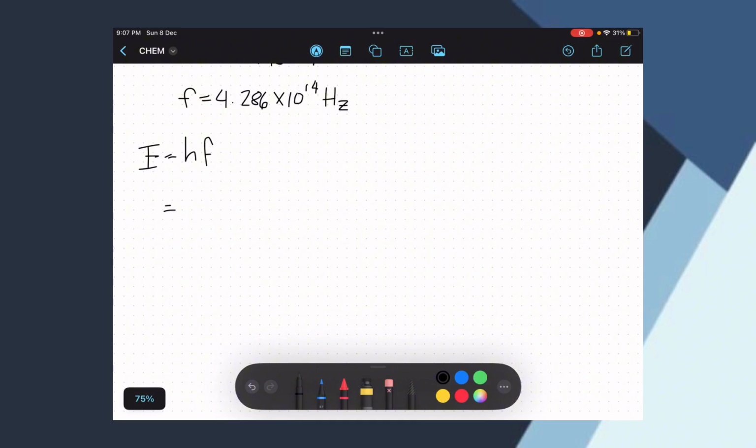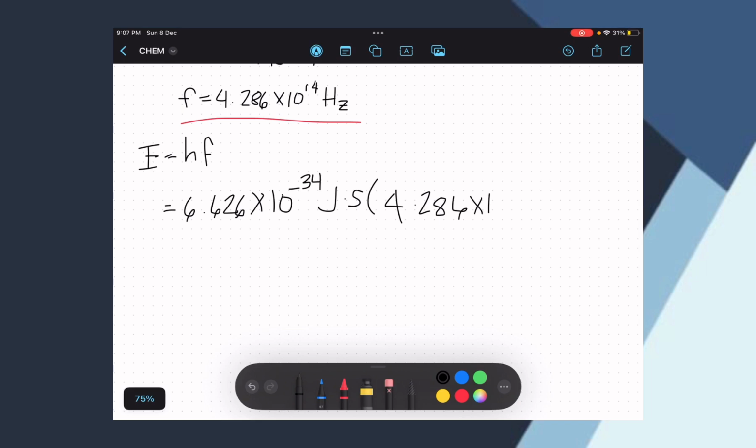That would be written as 6.626 times 10 to the negative 34 joules times second, multiplied by our frequency, which is 4.286 times 10 to the power of 14 hertz.